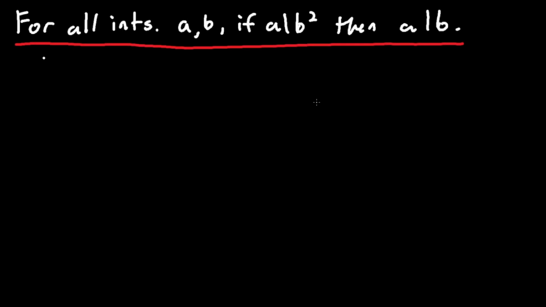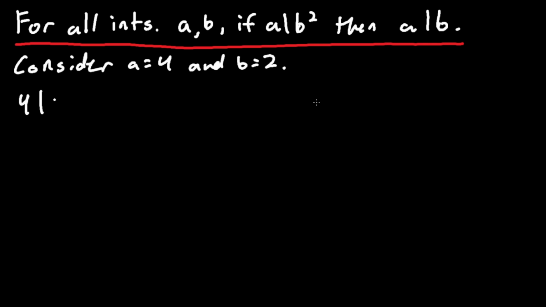Let's move on to the last proof by counterexample. This one is quite fast. Let's consider a is equal to 4 and b is equal to 2. Which means 4 is divisible by b squared, which means 4 is divisible by 2 squared, which means 4 is divisible by 4. And obviously, this is true.